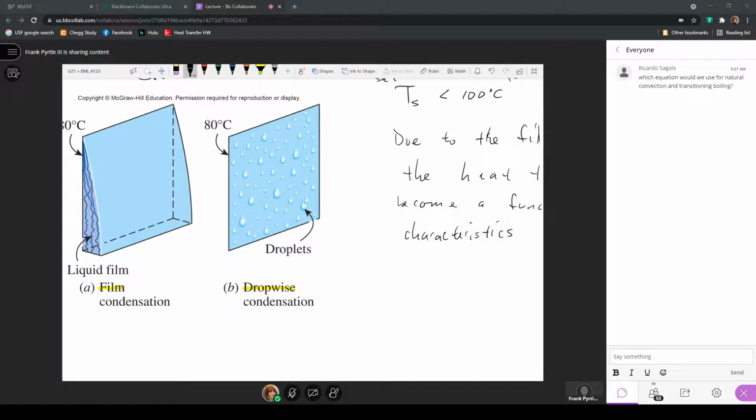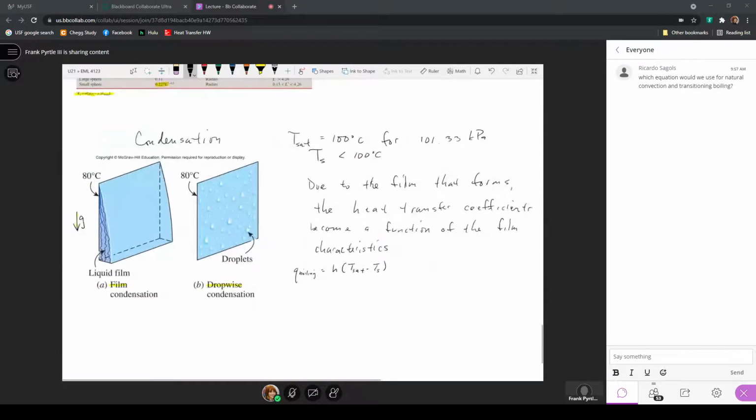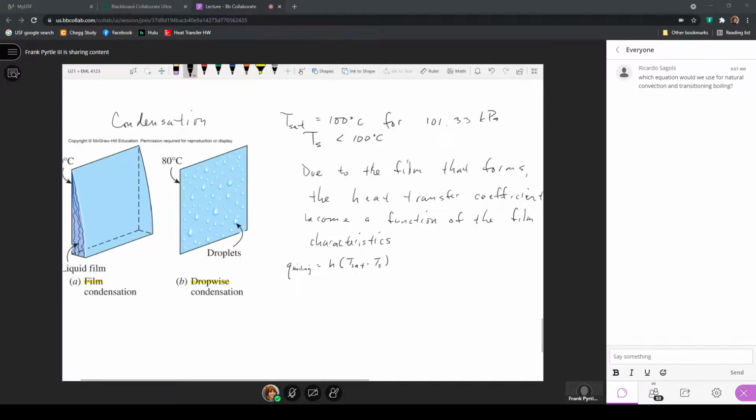That will define what type of expression you should use, because the heat transfer, Q dot, or the heat flux by condensation, will be a heat transfer coefficient times the saturation temperature minus the surface temperature. Now again, this expression of T sat minus T s is for a saturation condition for the vapor that is now condensing, not boiling.